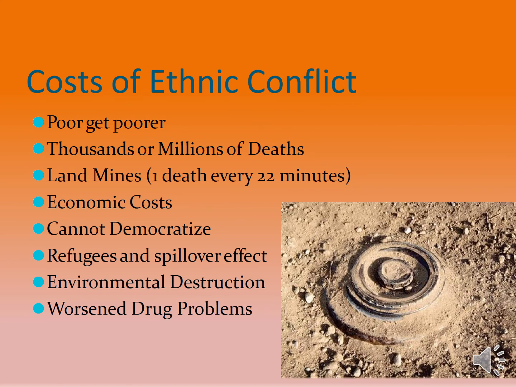What do we have to pay if we are in ethnic conflict? The poor get poorer, and thousands or millions of deaths can be seen. Landmines are a common economic cost. We have to lose our economy. We have to lose the concept of democracy, and refugees and spillover can emerge more and more.